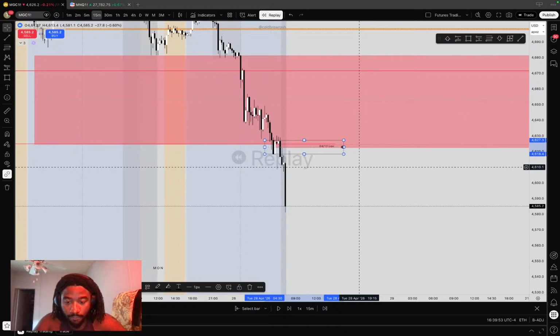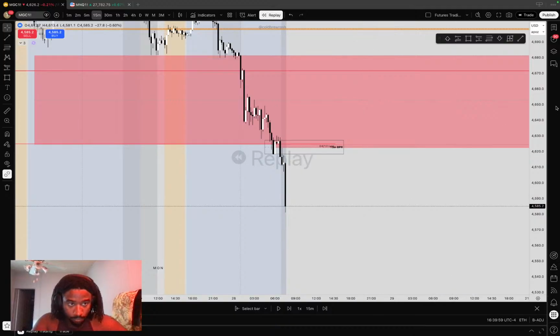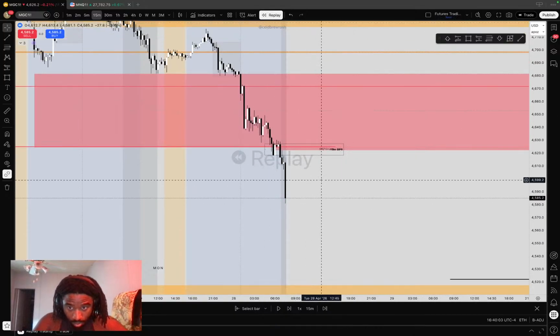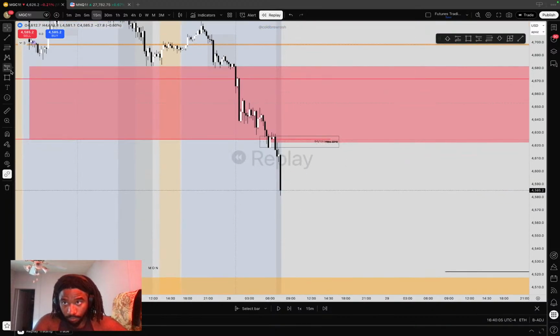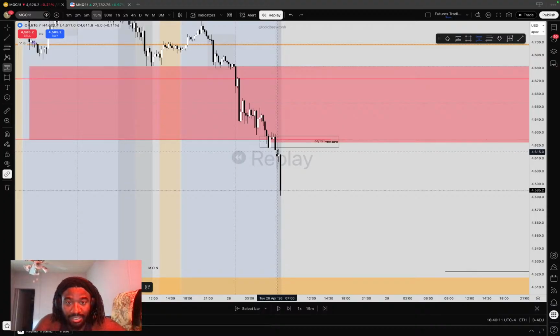So we have a 15-minute balanced price range that forms. So you could technically, if you traded balanced price ranges, if you look at the bottom, that 7 a.m. 15-minute candle would have been your entry. How would you have known that this is a balanced price range?